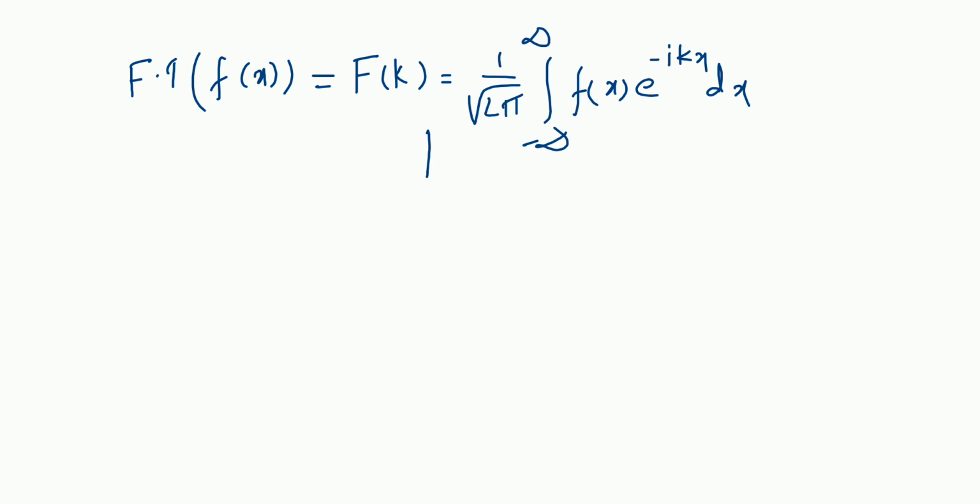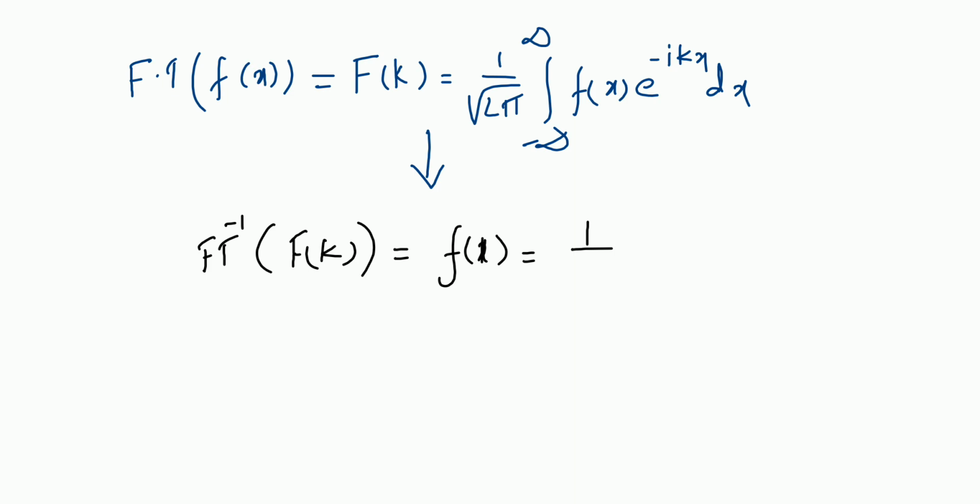And if you use this particular equation for finding the Fourier transform of that function, then definitely the inverse Fourier transform of F of k will give you your original function.